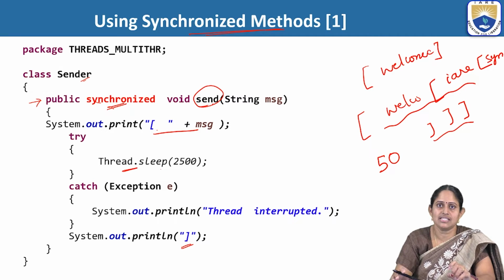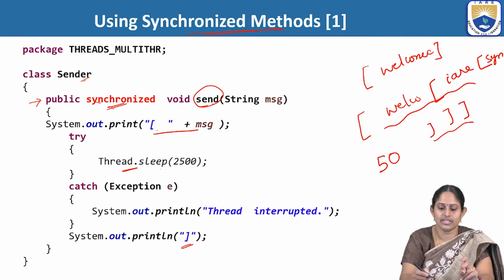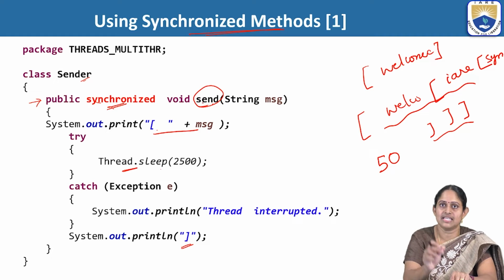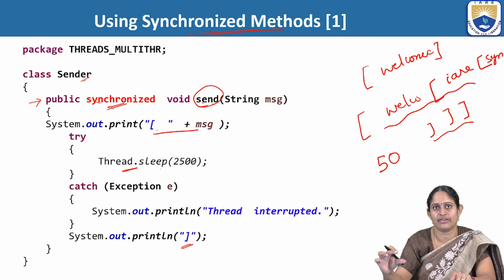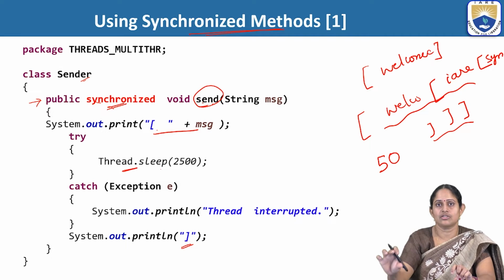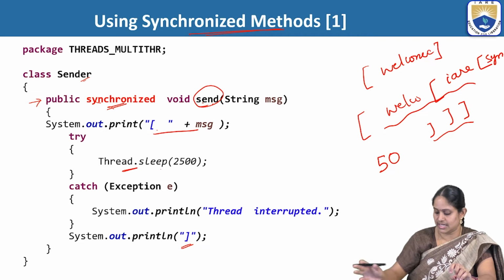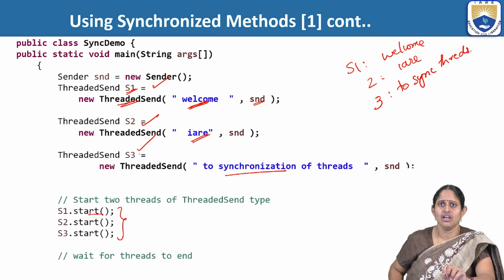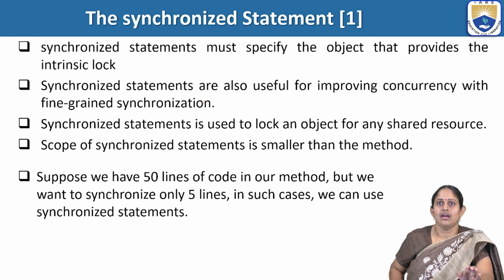In such cases, we will apply the synchronized keyword on that set of lines only. It is also called a synchronized block or synchronized statements. The same example is being implemented using synchronized statements. Let's look into how that is working.